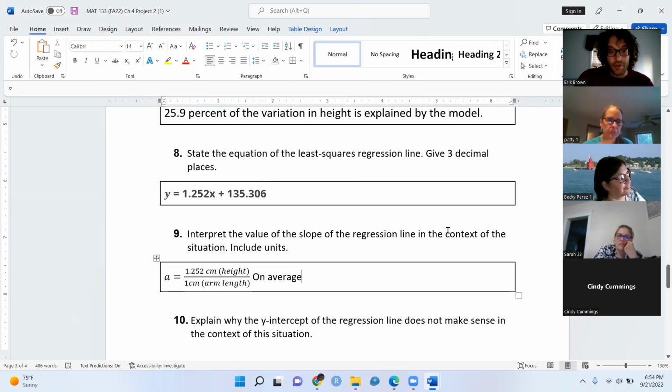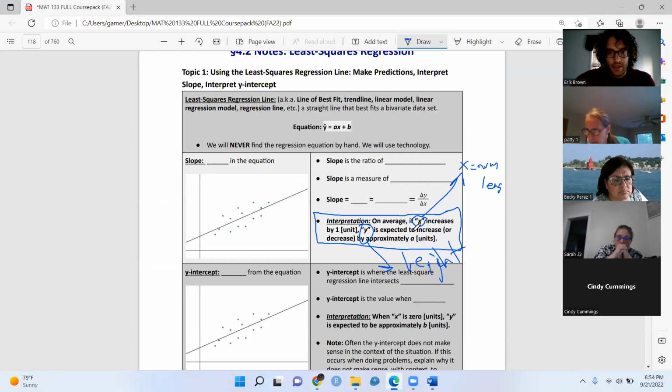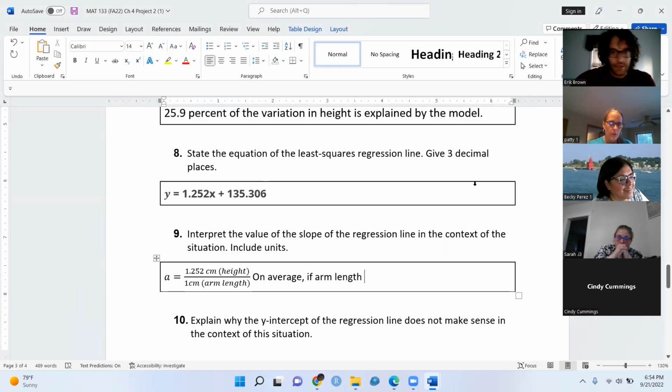Okay, so on average, if X increases by 1 unit. So if arm length increases, or maybe we should just look at what it says. If X increases by 1 unit, that's exactly what it says.